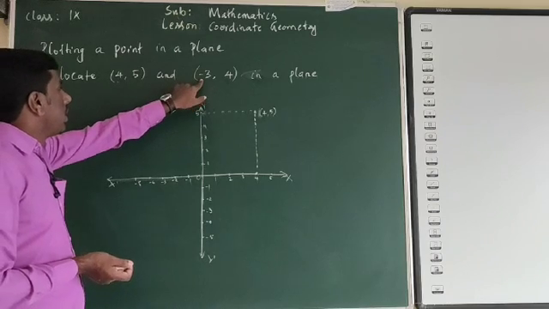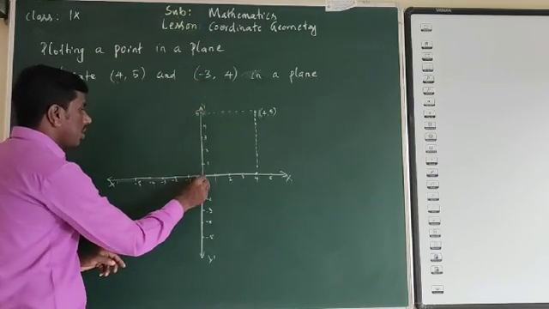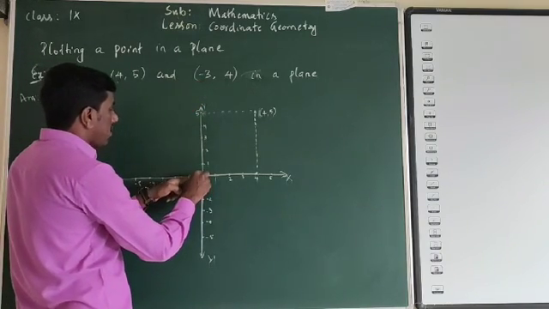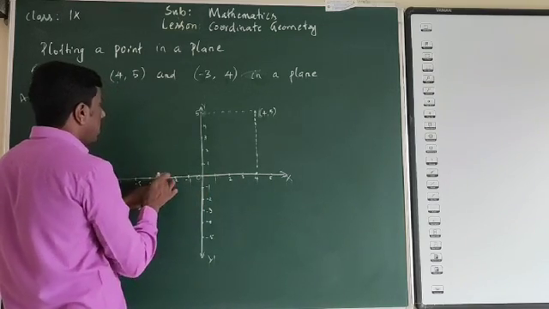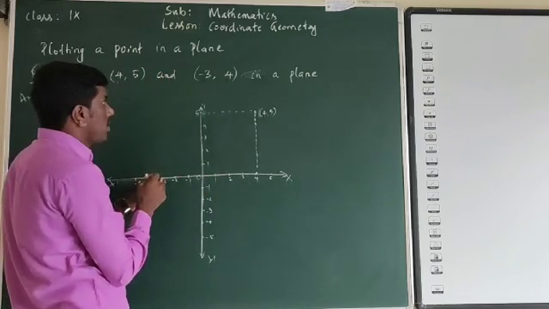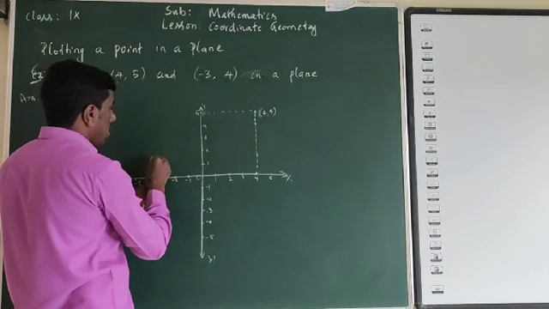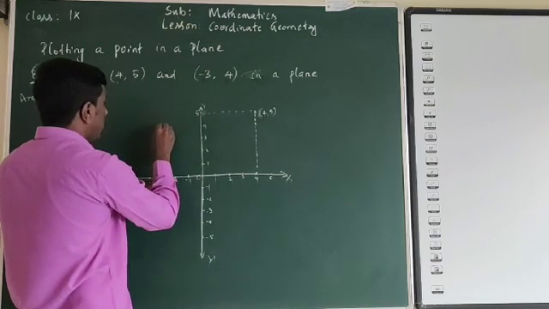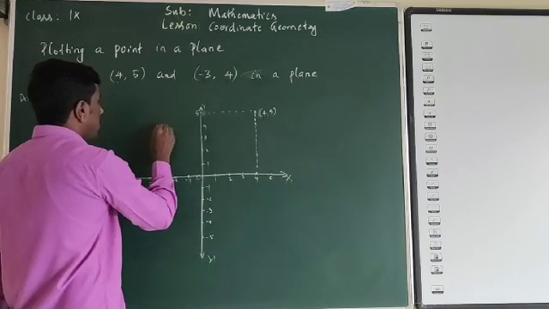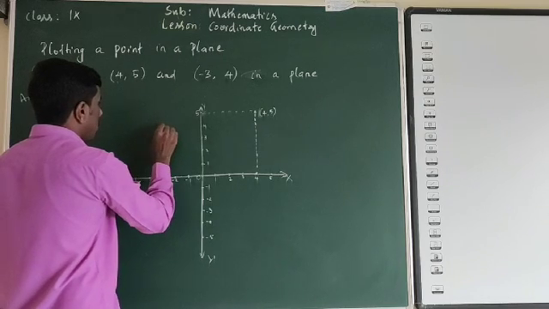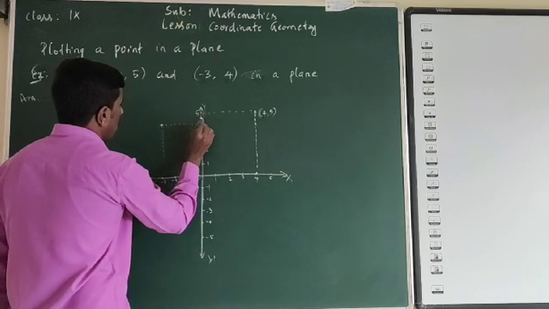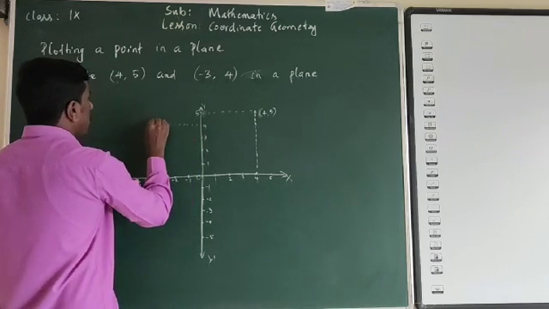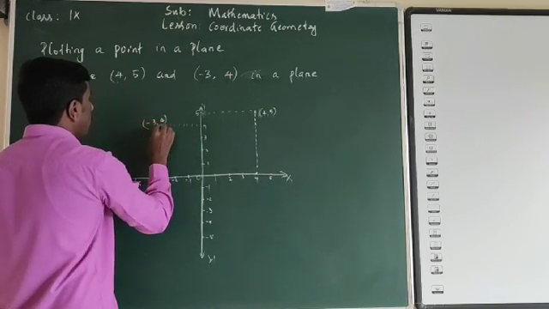Right? So it is -3 from the origin. Go to -1, -2, -3. Mark a point. Then from there, along the y-axis, go 4 units: 1, 2, 3, 4. So this is the point, -3, 4.